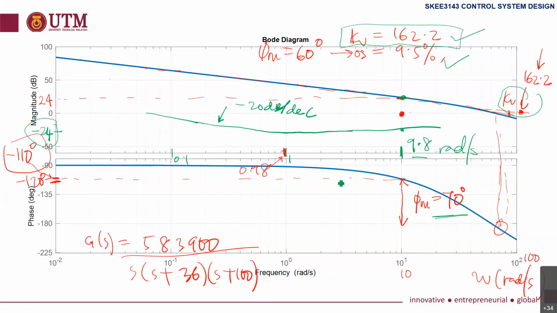Then you make a line until 0 dB. And we know this point. This point to this point must be a minus 20 dB per decade line. How can you do this?